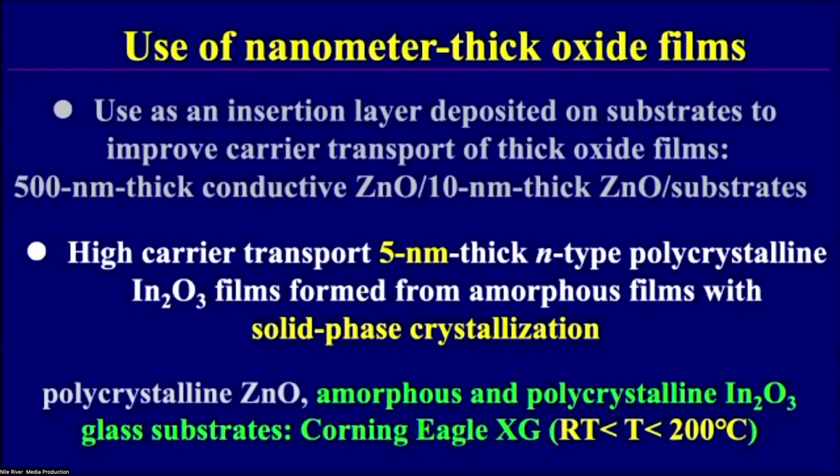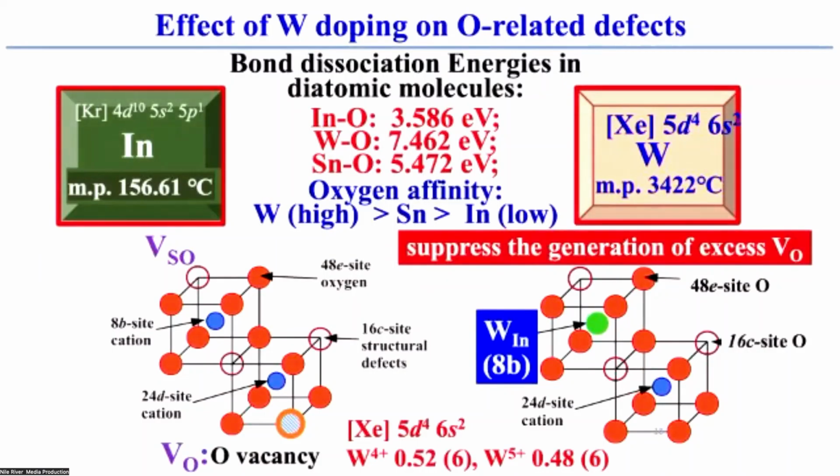Next is 5 nanometer thick n-type polycrystalline indium oxide films. This is the crystal structure of indium oxide, a cubic system with the bixbyite structure. As you can see, we find a high density of structural oxygen defect sites, point defects. This is a killer of the carrier transport.